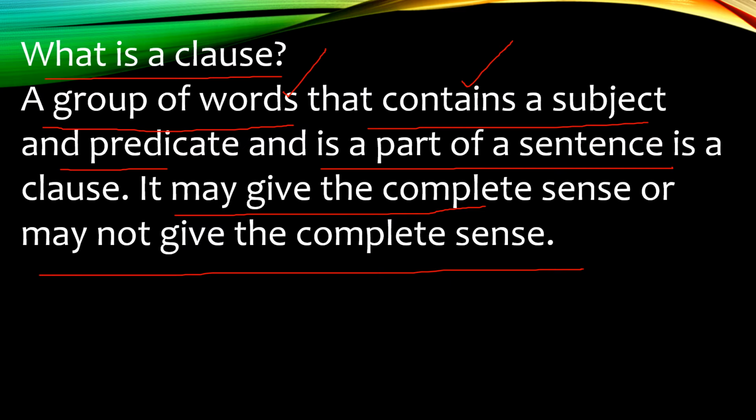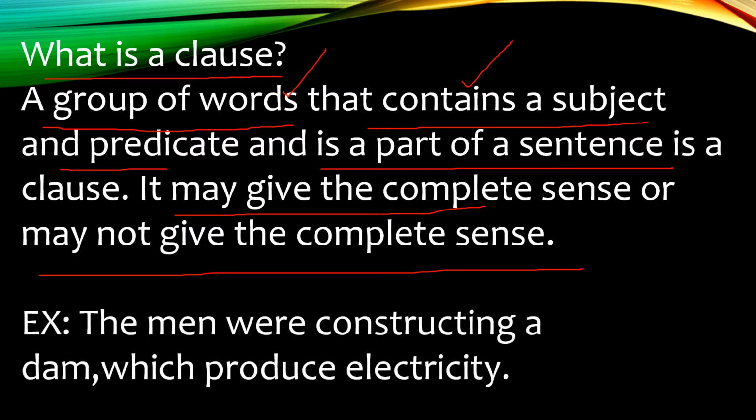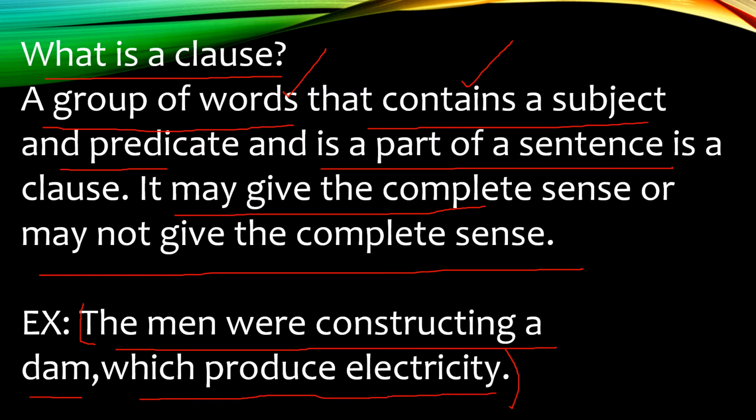Now let's see one example. The men were constructing a dam which produces electricity. In this total sentence there are two clauses. The men were constructing a dam which produce electricity. Okay.